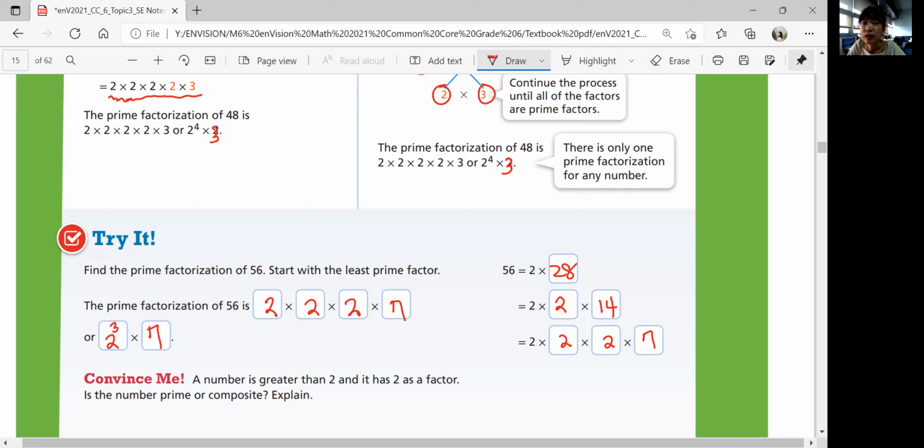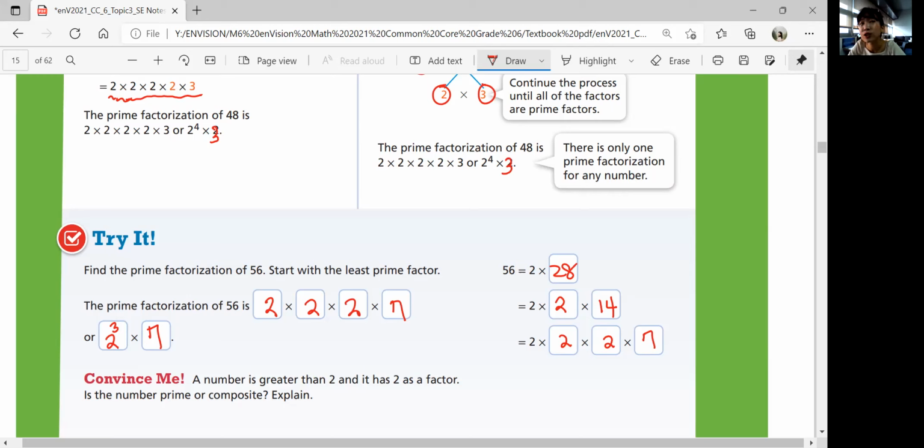A number is greater than 2 and it has 2 as a factor. Is the number prime or composite? Explain. Number is greater than 2, so it's not 2, and it has 2 as a factor. By definition, what's a composite number and a prime number? Prime number cannot have other factors other than 1 and itself.